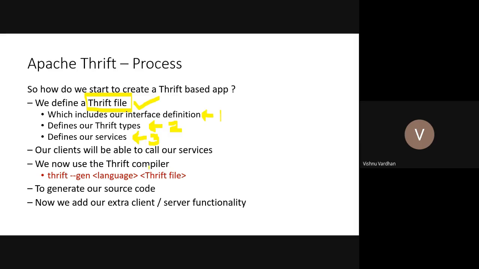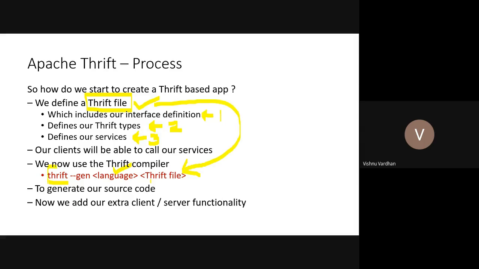We now use the Thrift compiler. Open the command prompt and type thrift, this is the keyword, then dash dash gen, which means it will generate in your target language by providing this Thrift file. Understood?